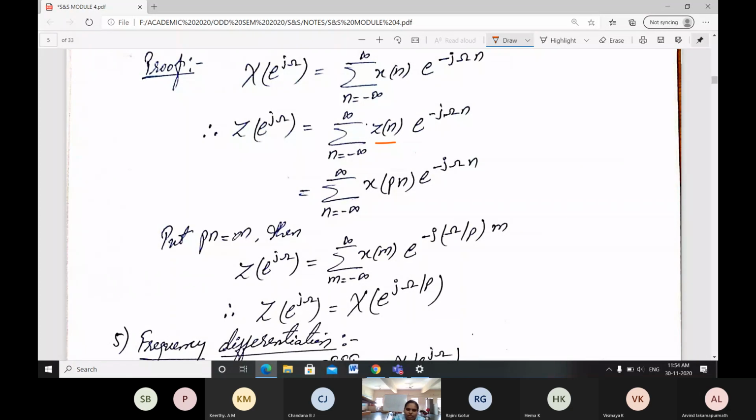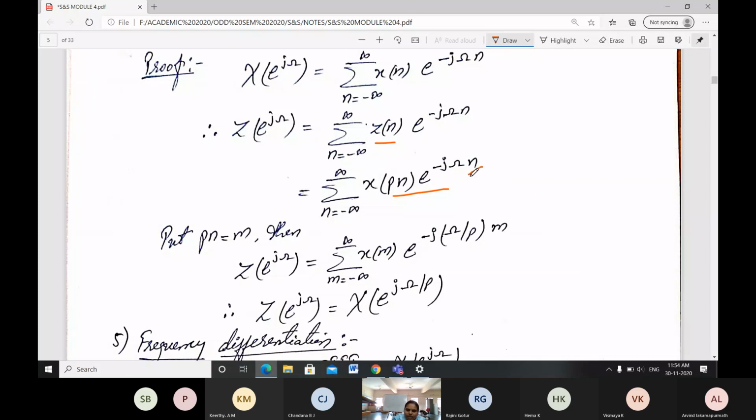Put pn equal to m. Then Z of e raised to j omega equals summation m from minus infinity to plus infinity, substituting m instead of pn, x of m e raised to minus j.